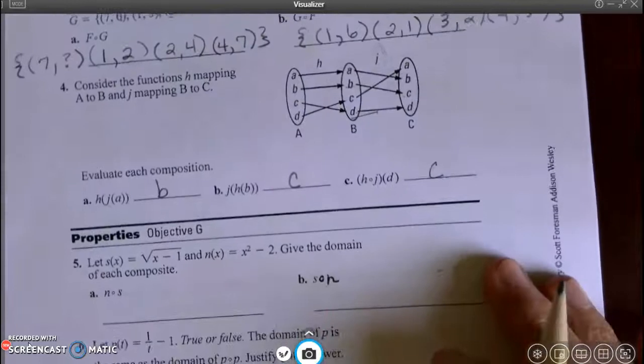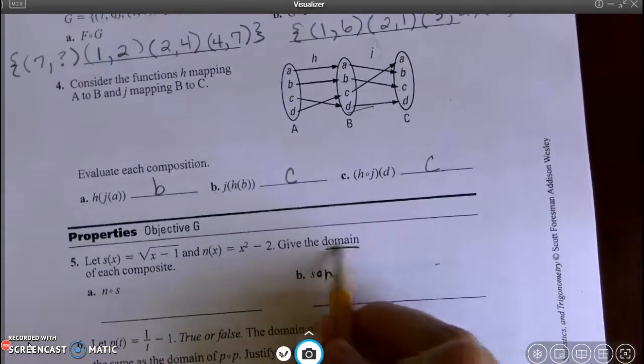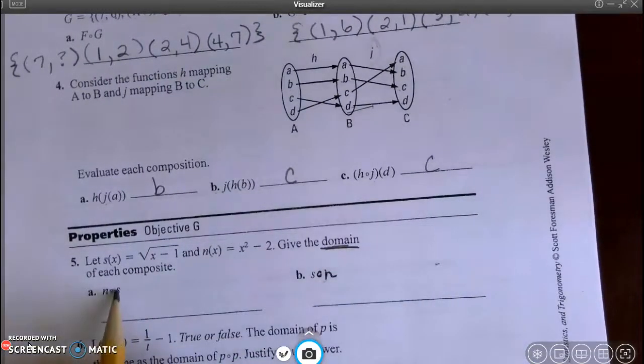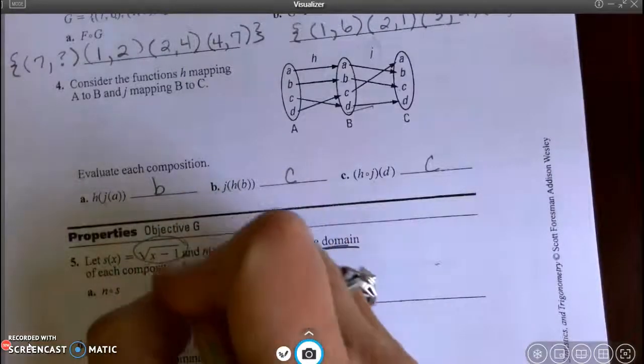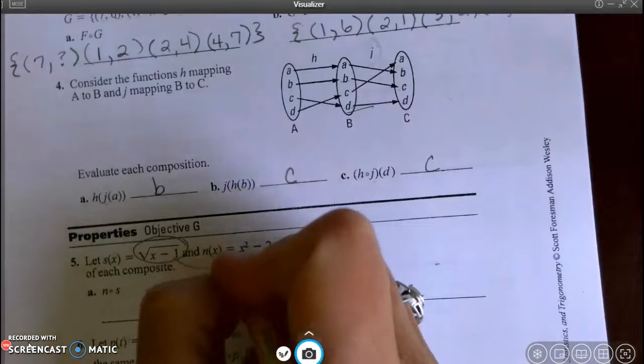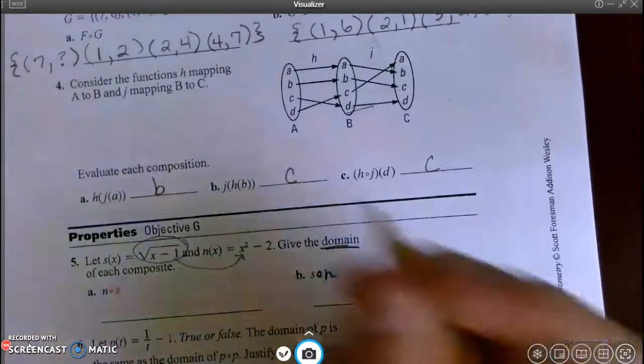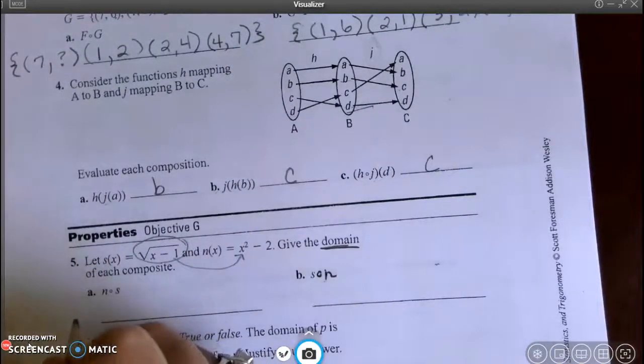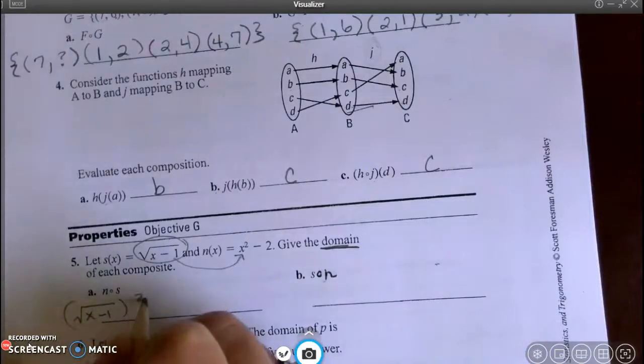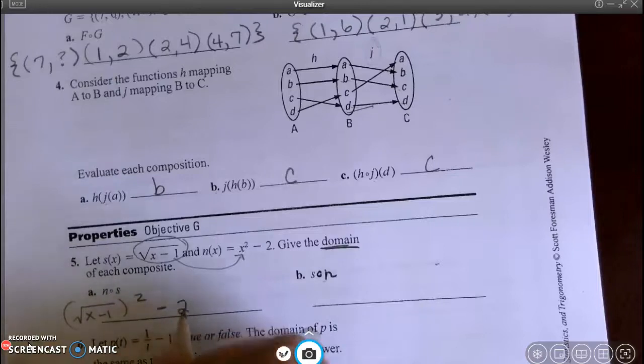Right, for the next one, give the domain for each composite. Put S into N. So we are going to take S and put it into N. Okay, so I'm going to take the square root of x minus 1 and I'm going to square it and subtract 2.